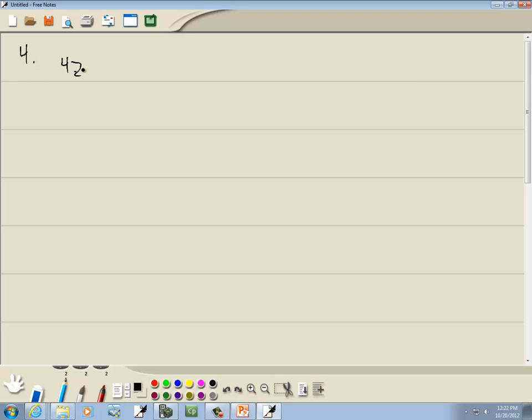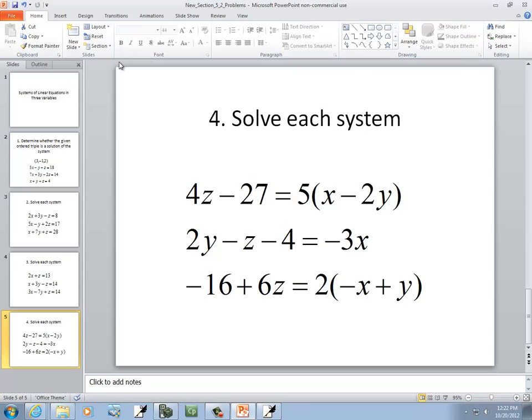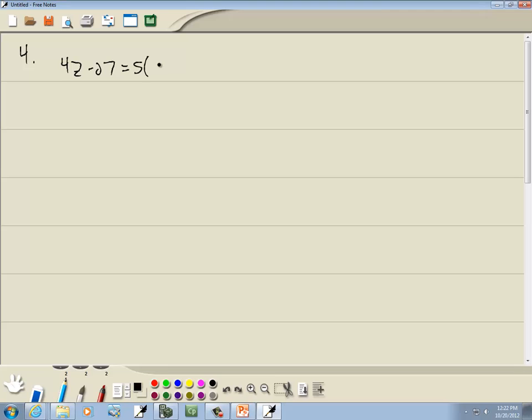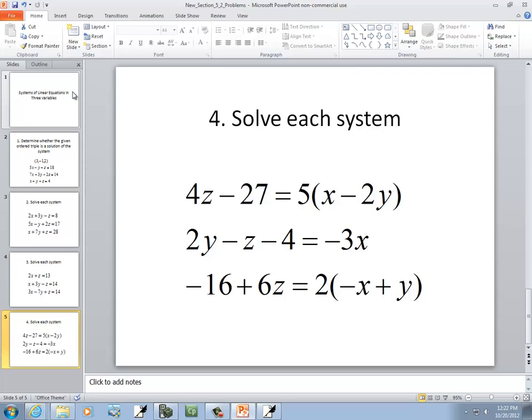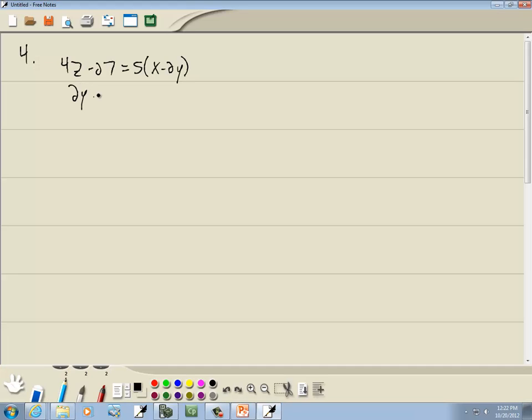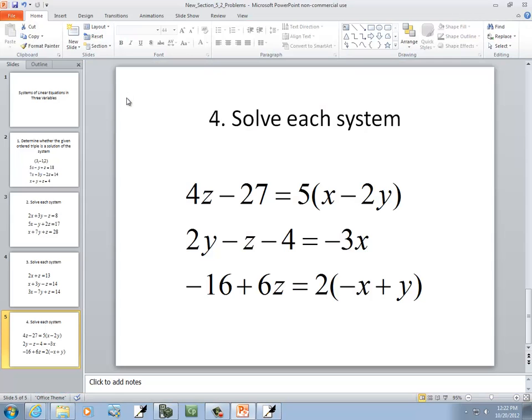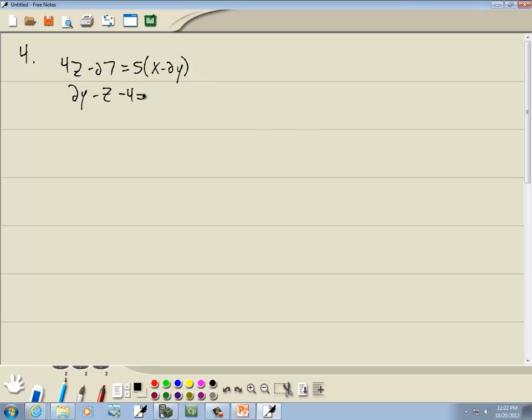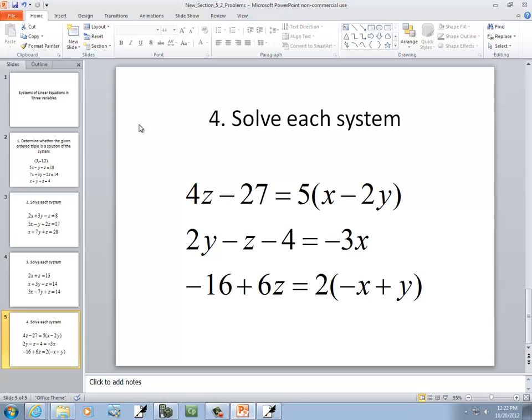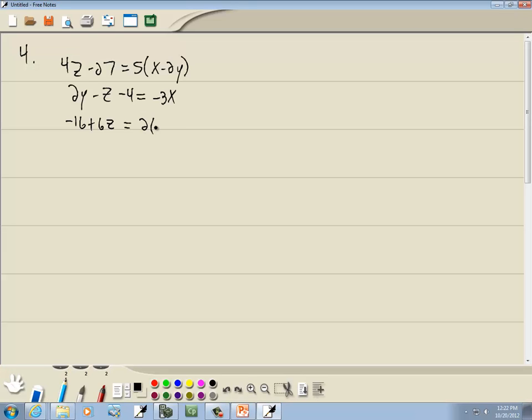We've got 4z minus 27 equals 5 times x minus 2y. 2y minus z minus 4 equals negative 3x. Negative 16 plus 6z equals 2 times negative x plus y.